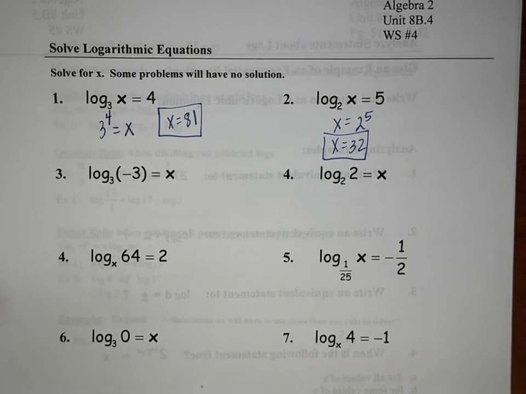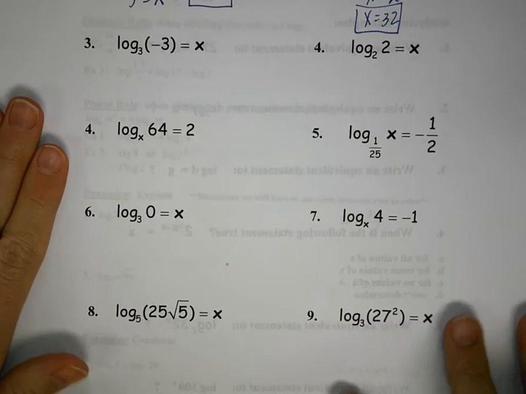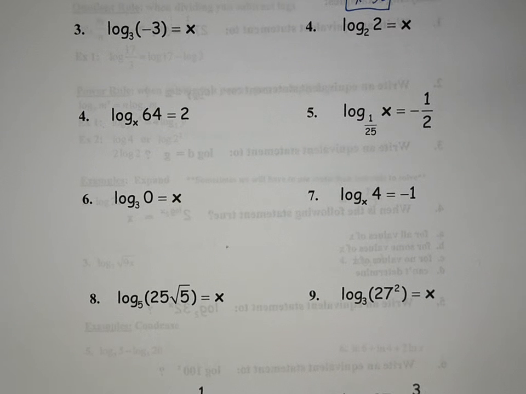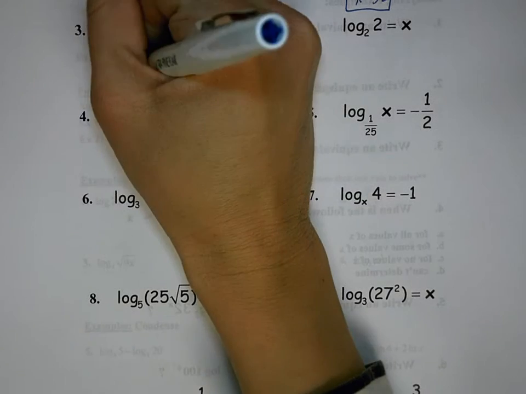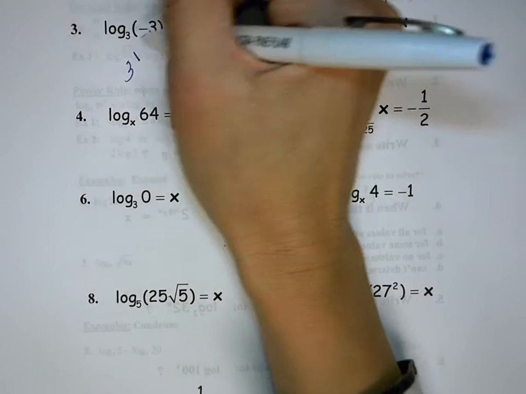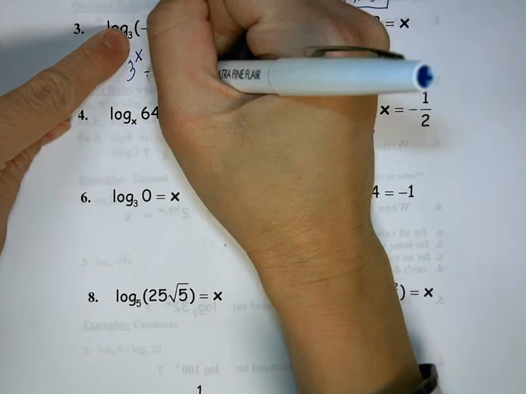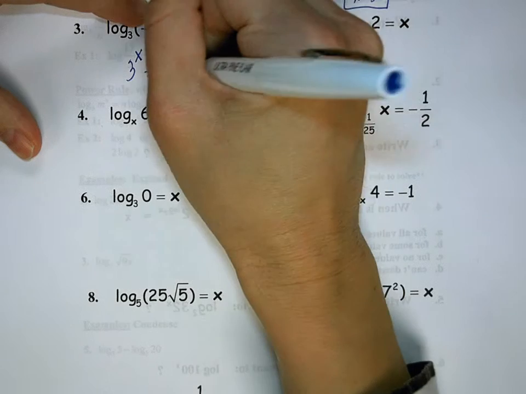Example 3. For a popsicle stick, I would like you to tell me how I write this in exponential form. Jet. Three to the x power, because it's always this one to this power, equals. Good.